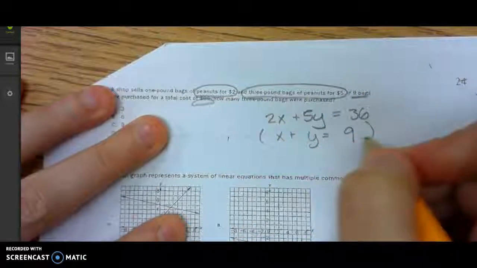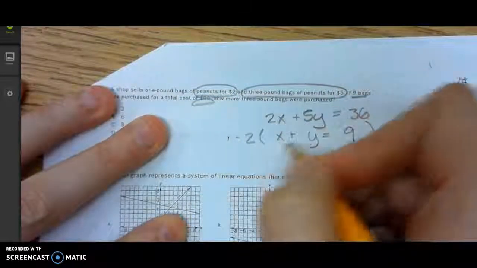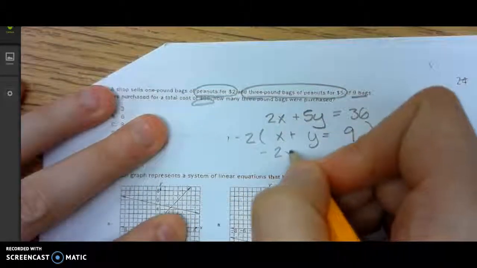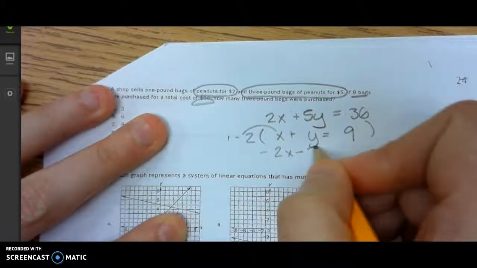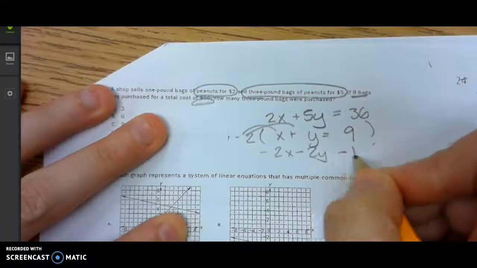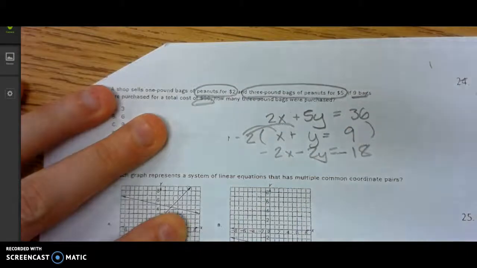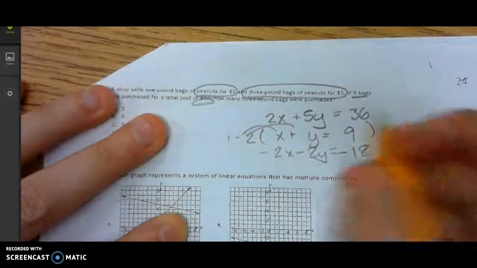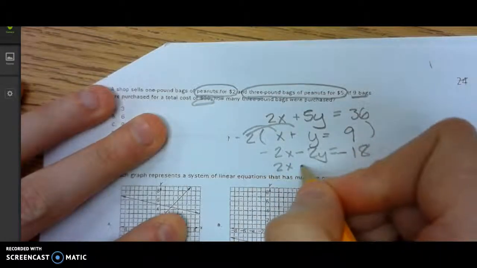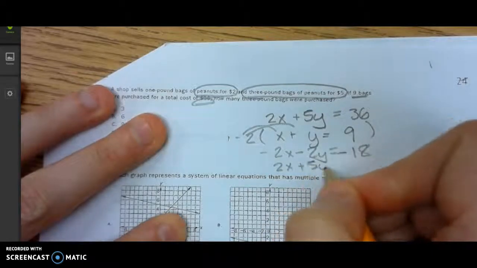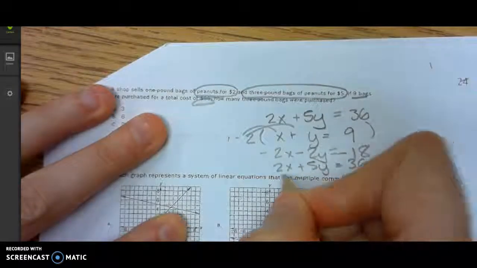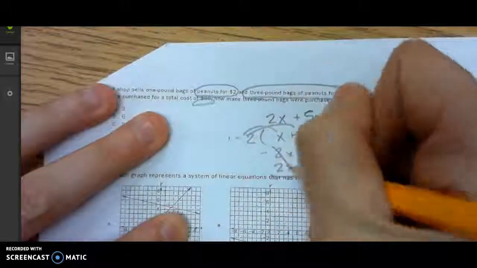I'm going to multiply this by -2. This will be -2x minus 2y equals -18. And I'm going to add these two together, so I'm going to rewrite this underneath it, and add straight down.